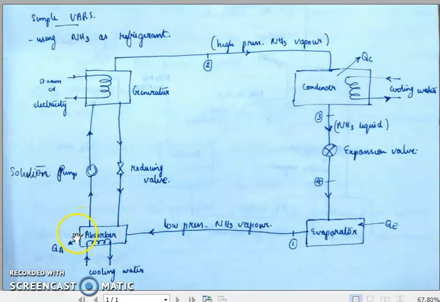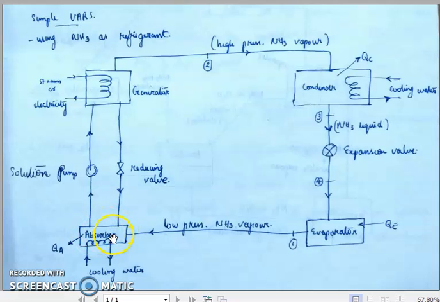So what is happening in the absorber is this low pressure ammonia is getting dissolved, or absorbed, by a water medium. We have learned in our junior classes that water, or H2O, has a very high affinity, or a very high capability, to absorb ammonia.